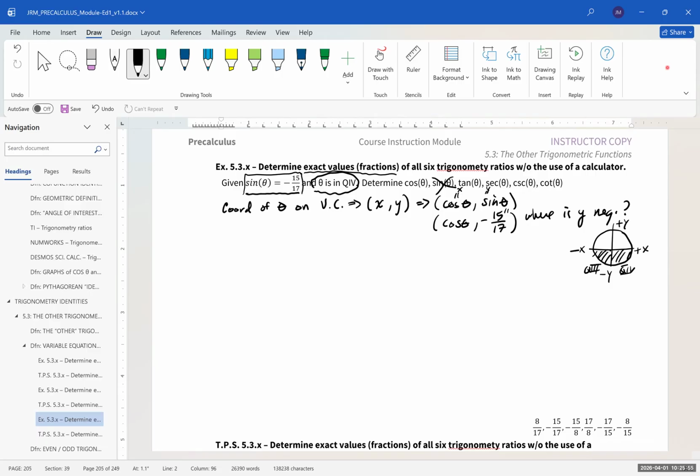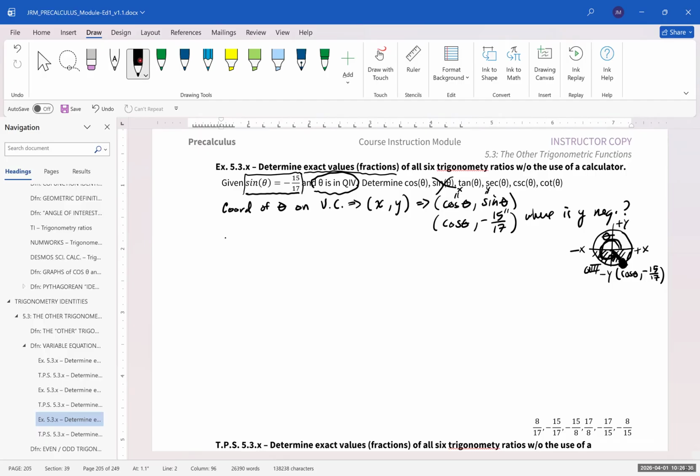So we're somewhere down here where the terminal side is in quadrant 4, and this is our point. Here's kind of what our angle theta looks like. It goes all the way around, and its terminal side is right there in quadrant 4. And let me erase that. So the coordinates of this point are cosine theta, negative 15/17. That's the coordinates of this point right there.